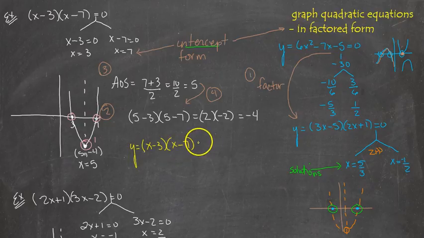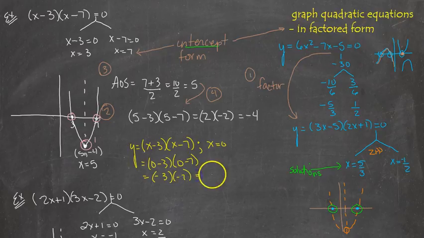I'm going to force x to equal 0 because that's going to tell me where this graph crosses the y-axis. So if x equals 0, then I have 0 minus 3 times 0 minus 7, and that's just negative 3 times negative 7, which is a positive 21. So somewhere way up here at positive 21, my graph is going to cross the y-axis.